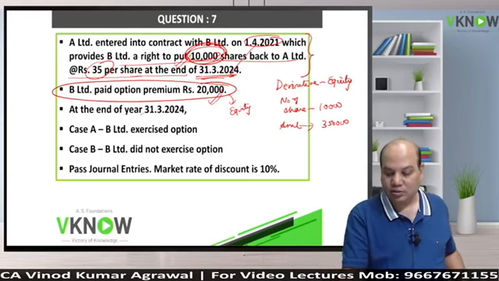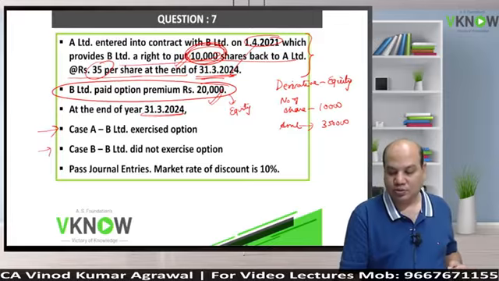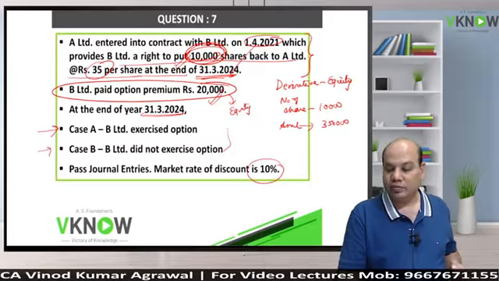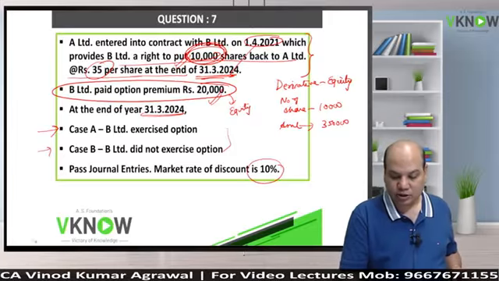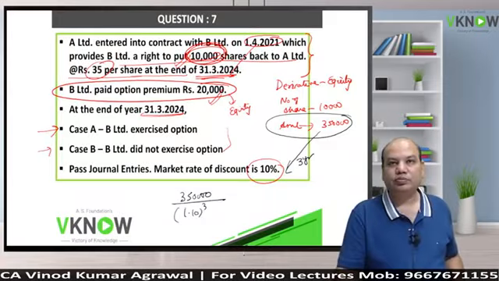Then on the maturity date, I have taken both possibilities. B may exercise the option, B may not exercise the option. What entry will you pass? And the discount rate is 10%. What was the purpose of giving the discount rate? This 3,50,000 is payable after 3 years. So I need to record the financial liability by discounting it.